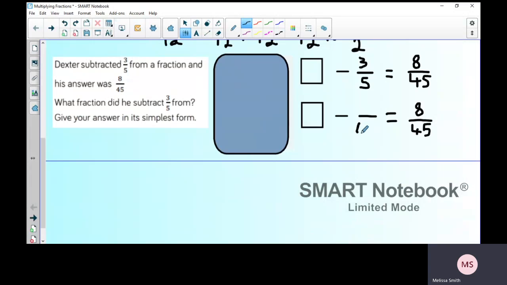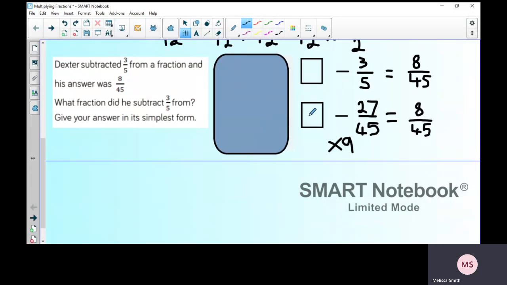So what do I do to 5 to get to 45? I multiply it by 9. 5 times 9 is 45. 3 times 9, 27. So now I know that something subtract 27/45 equals 8/45.